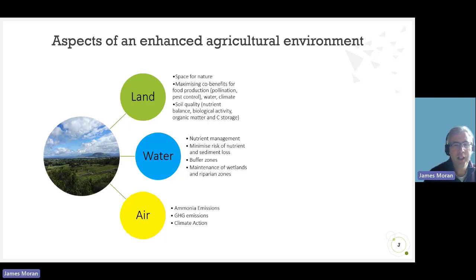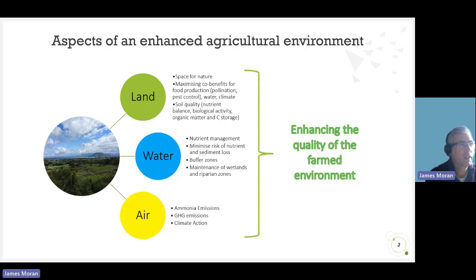And in the air or atmosphere, a range of climate actions to improve atmospheric factors which are drivers of climate change are looked at, including ammonia emissions and greenhouse gas emission reduction. And together, if these measures are applied in the environment, we see the quality of the farm environment enhanced.